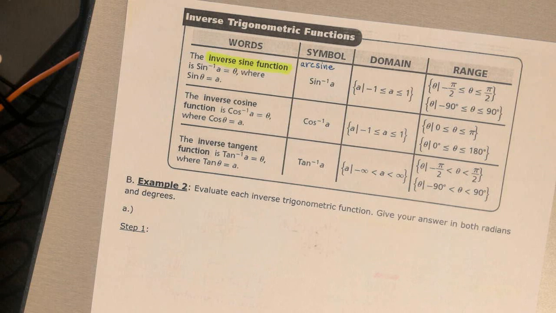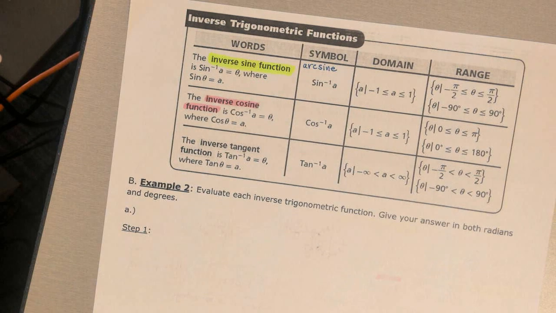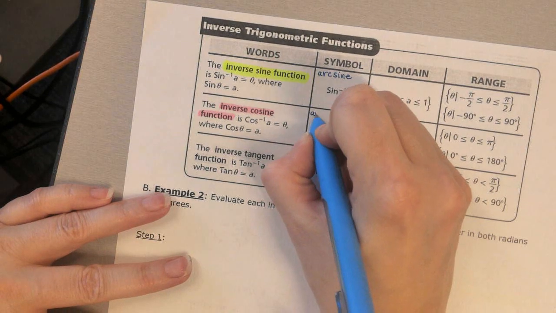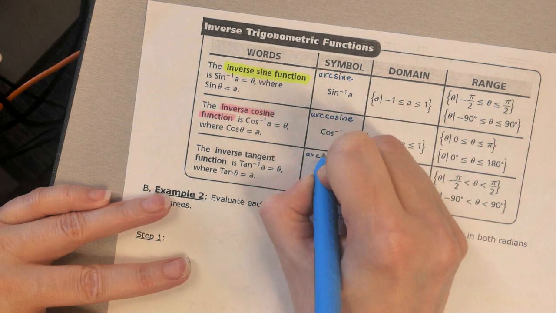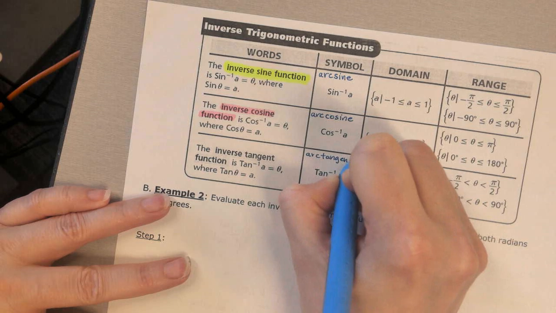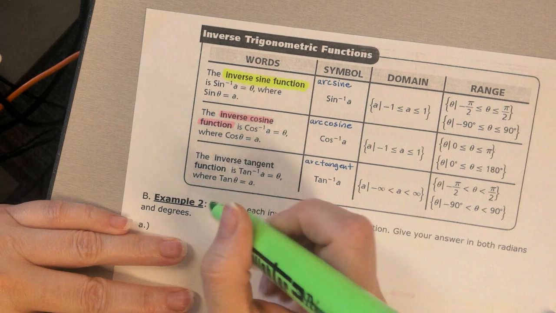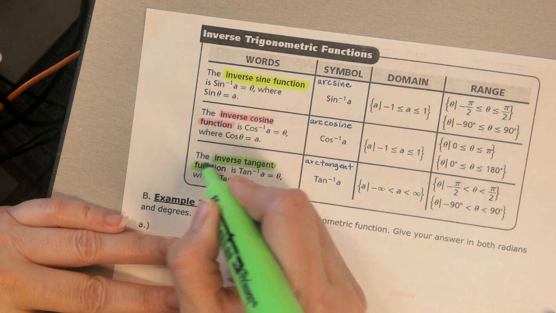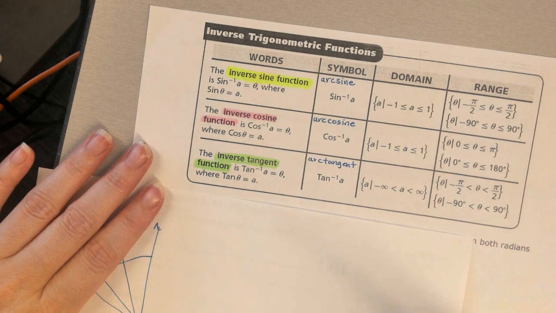And then the cosine, the inverse cosine function, you can call that the arc cosine. And then, of course, for tangent, the inverse is arctangent. Now remember, this is different. The inverses are different than the reciprocals. So sometimes people get those confused, okay?